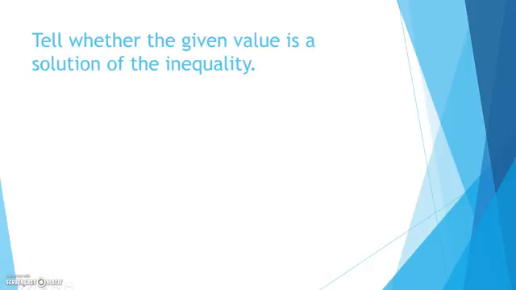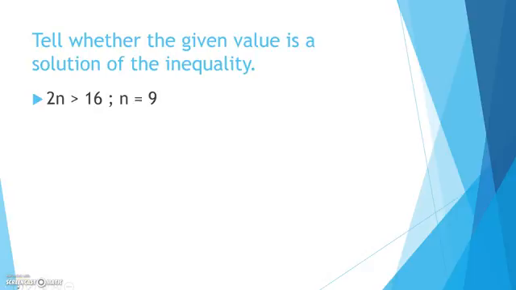Our next slide says to tell whether the given value is a solution of the inequality. So again, this should seem somewhat familiar. We're given a value. We have to plug that value in where we see the variable, and then check to see does the left side and the right side agree. So on this one, since it's inequalities, it's a little bit different than equations.